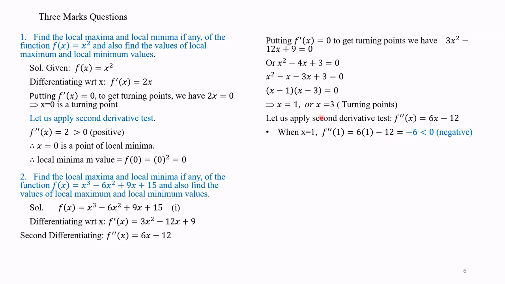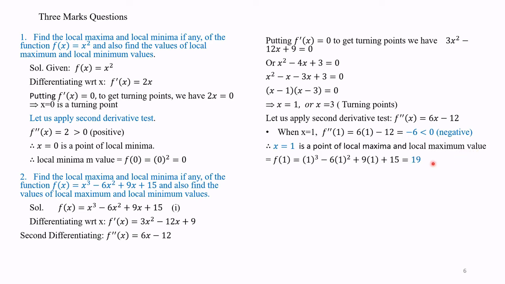When x is equal to 1, f''(1) will be equal to 6 − 12, that is equal to −6, which is less than 0. Therefore, it is negative, and when it is negative, it is a maxima. So x equal to 1 is a point of local maxima.